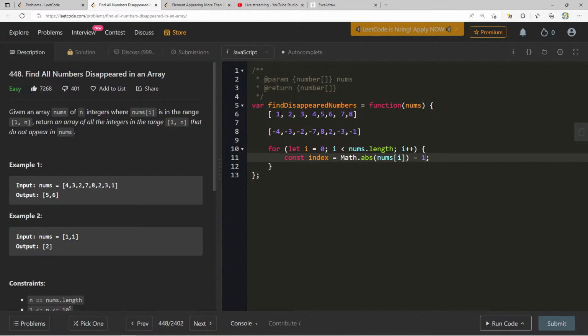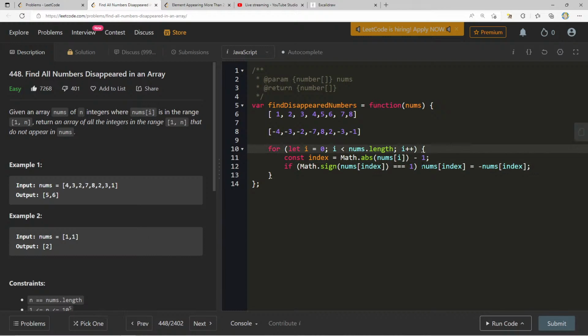We want to check if this is already a negative number, and we can do that very easily. If Math.sign of nums at index equals 1, then all we need to do is say nums[index] equals negative nums[index].